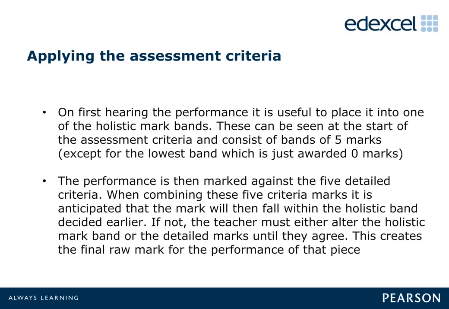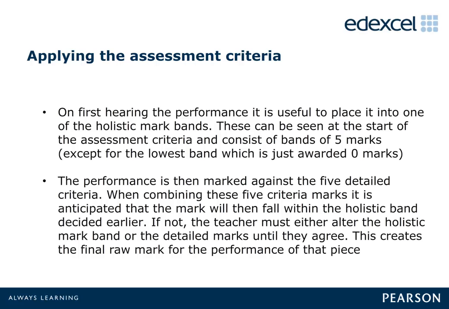For example, if after listening to it, the teacher thinks the performance is confident because it is mostly convincing, secure, and sensitive, that will indicate that the holistic mark will fall within the range 26 to 30. There is no need to select a single mark within that range at this stage, because the band itself suffices.